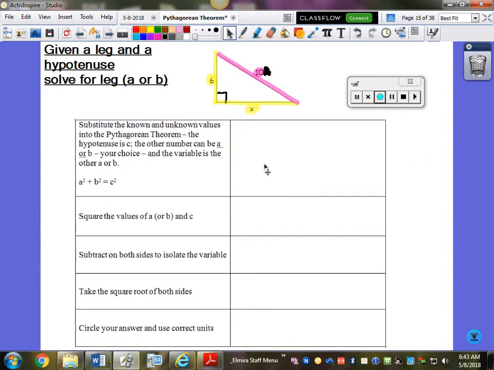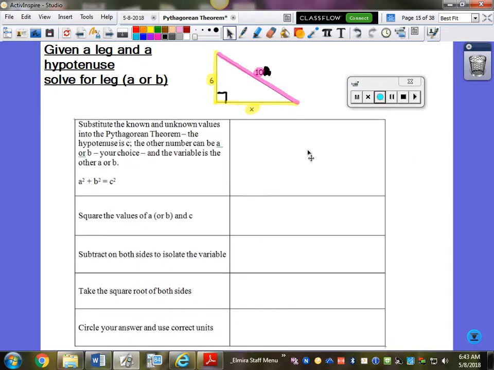So it starts out the exact same as yesterday. Writing the formula, a squared plus b squared equals c squared. And then subbing in. Now, the 10 is my c, so I put that in first.